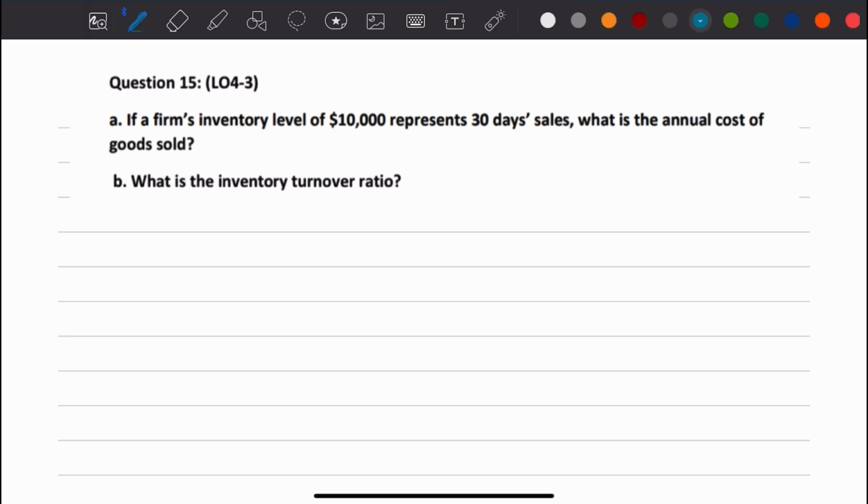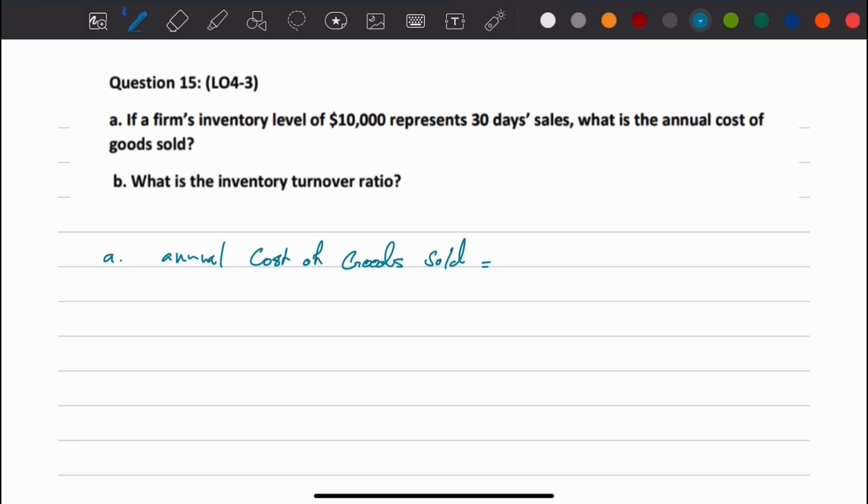All right, so the way we're going to do this, we're going to take this inventory level, so let's call this A, annual cost of goods sold, and that's going to equal, we'll take this 10,000 monthly sales level, and from there we will try to figure out how much they typically sell in one day, right?